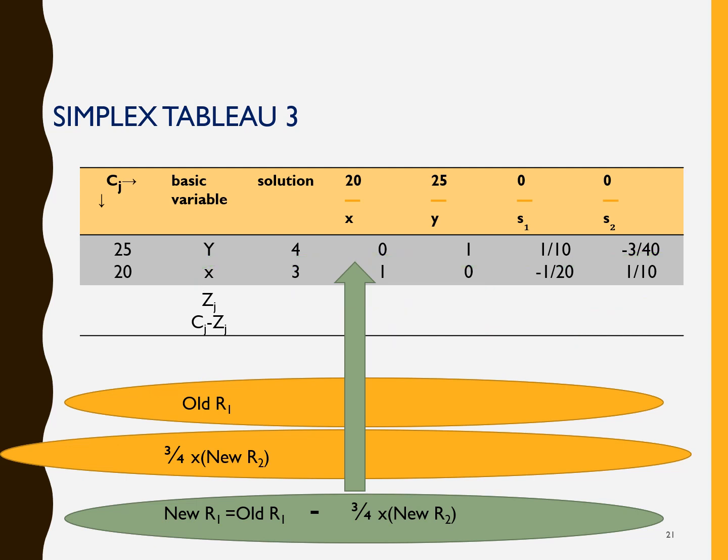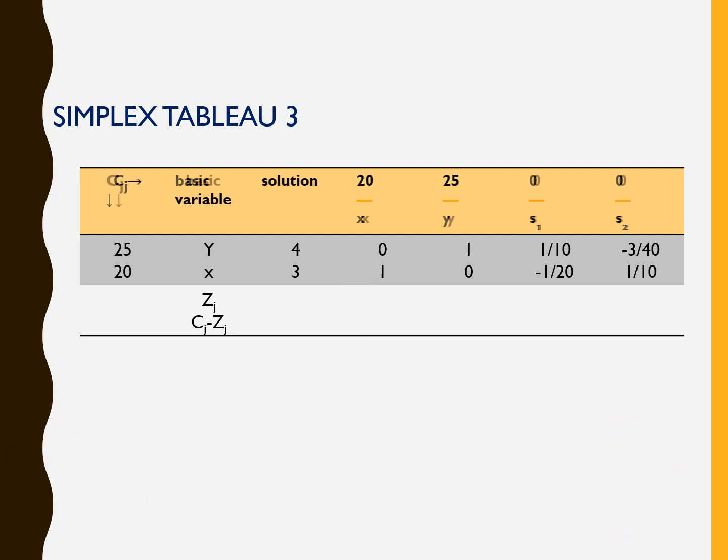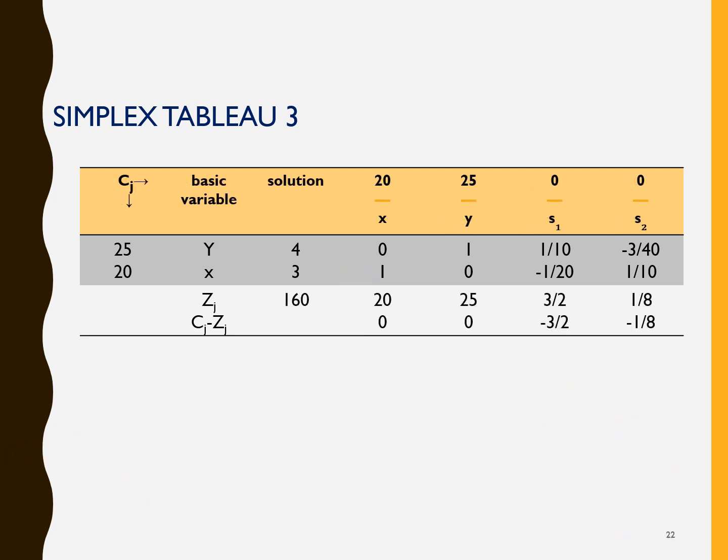Similarly, instead of 8 what we had in the first table, when we move to the second table, now we have 3 by 4. If you revisit your table 2, you can find out the key column of R1 was 3 by 4. So we are now subtracting this and that's what our table 3 goes here. Similarly, we repeat the next step, Zj. How to calculate this?